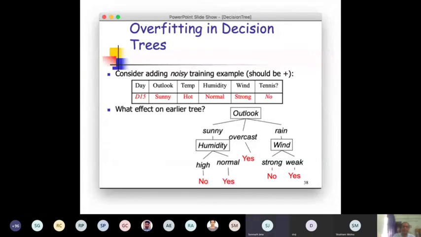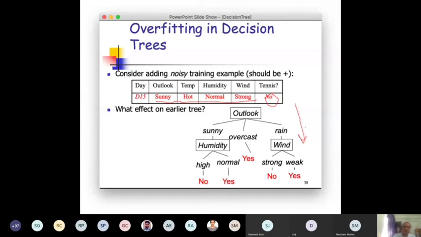Suppose this no is not here as a label, and suppose you only get this instance. So what should be the class label using this decision tree? The class label should have been yes, right? But now you got no in your training example. So naturally, this tree needs to be modified.